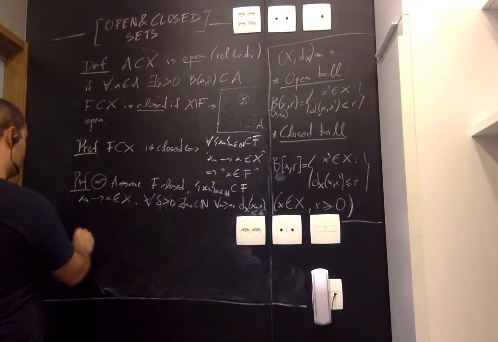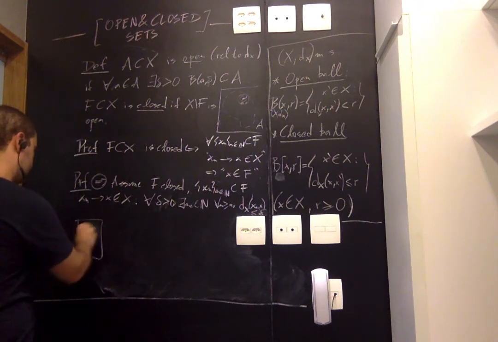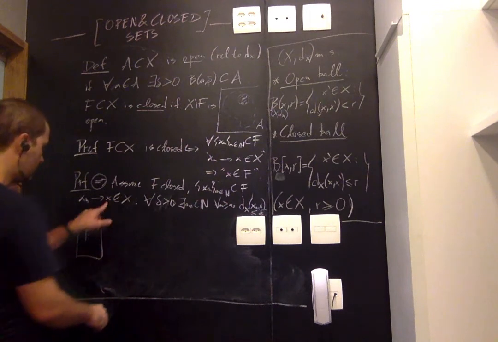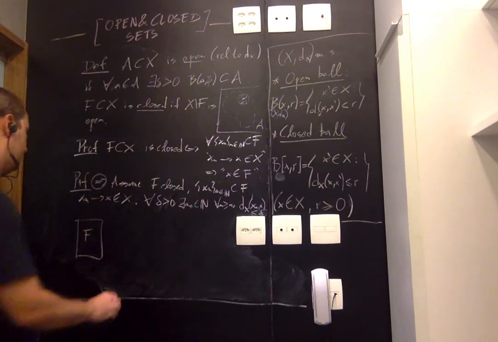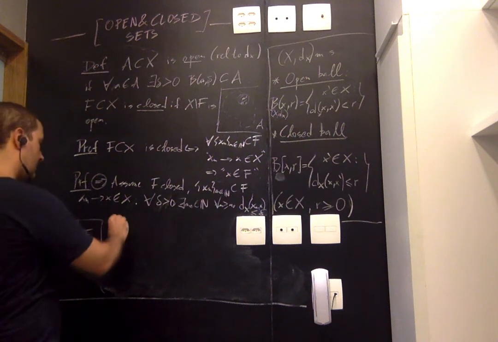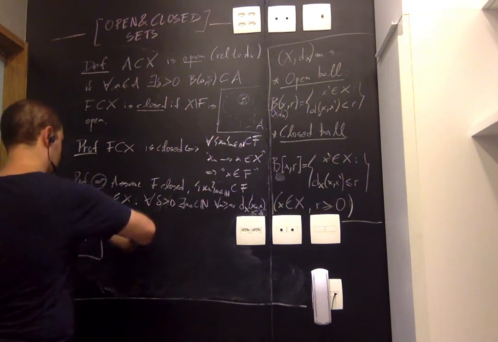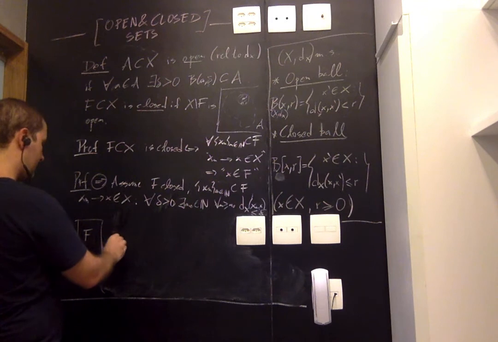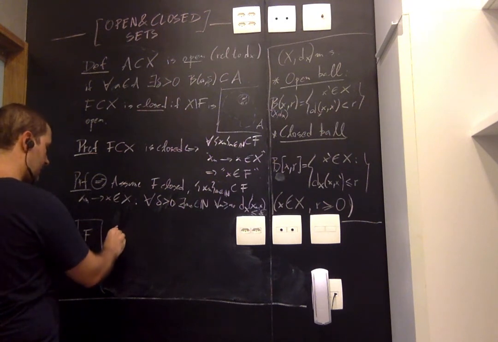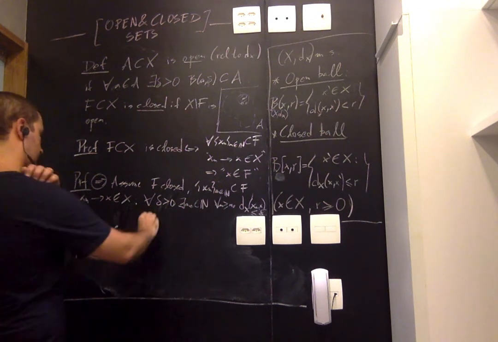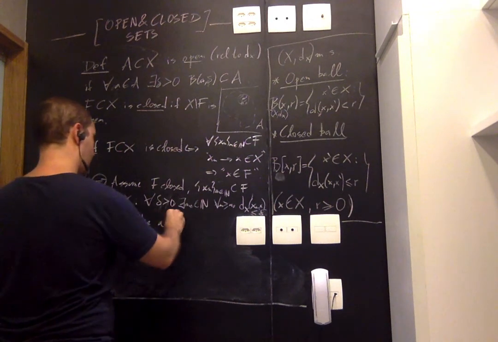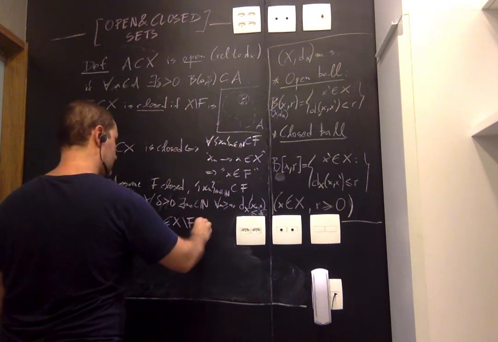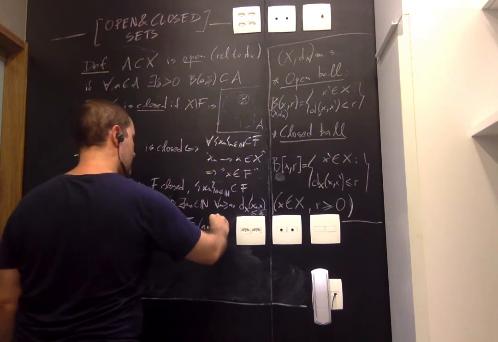Now F is closed, right? So here's F. What do we want to show? We want to show that this point little x belongs to the set F. And now, let's take a point outside of F, and the complement is an open set, right?